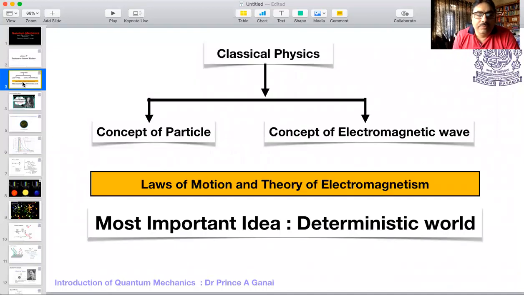So the first question that one may ask now is, what is the difference between classical mechanics and quantum mechanics? Normally, by classical mechanics, we refer to the physics that was there before 1900. After 1900, there were a series of experiments that challenged the physics known at that time. And then new concepts were shaped.